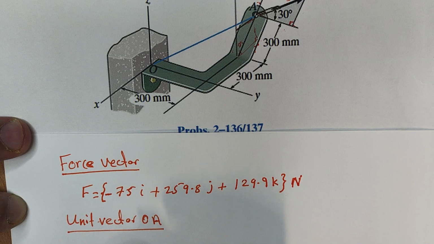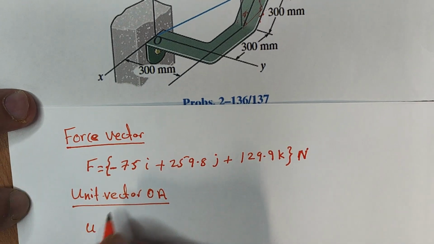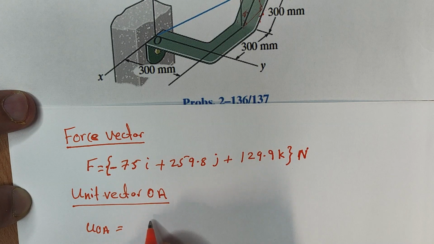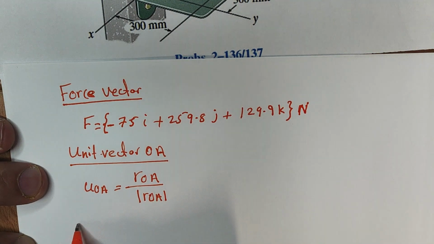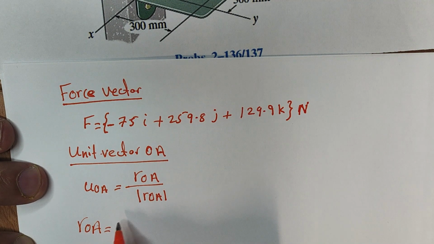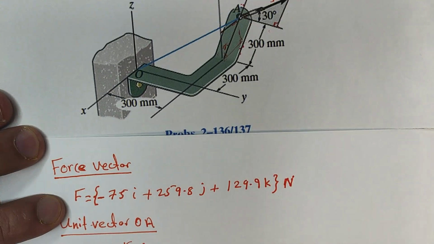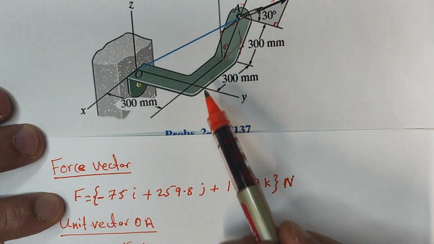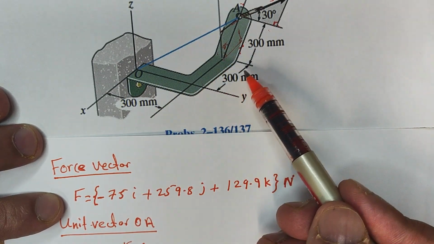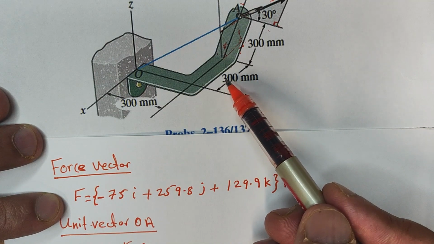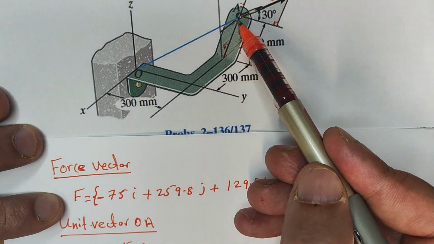The unit vector OA is equal to the position vector ROA divided by the magnitude of ROA. So finding the position vector ROA: when we look at the x-axis, we move in the negative direction 300 millimeter, which is 0.3 meter, plus this component in here.